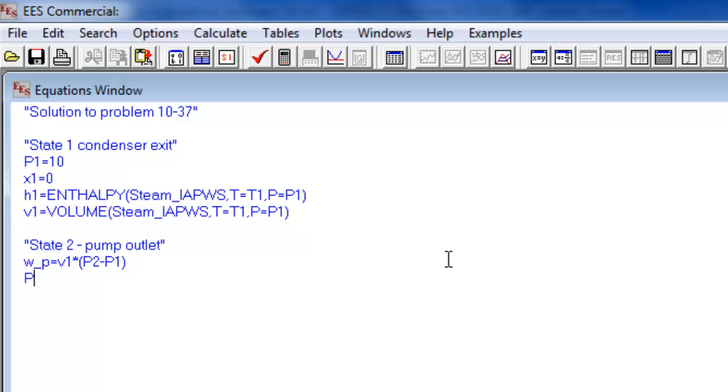We state pressure 2 to be 15 megapascal, which is 15,000 kilopascal, and then H2 will be equal to H1 plus the work of the pump. We can press F2 to solve, just in case we are in doubt.